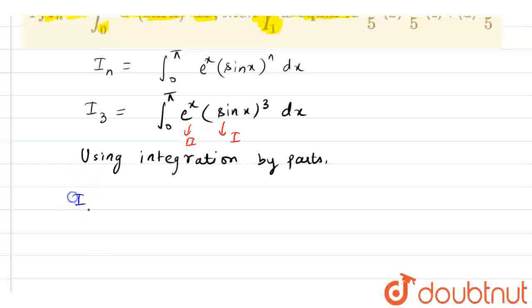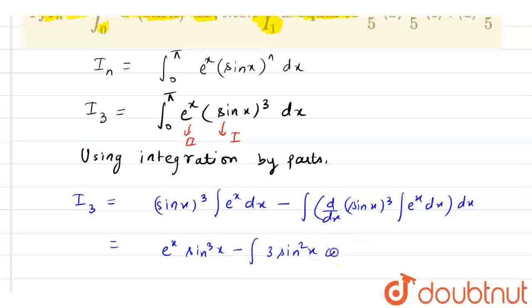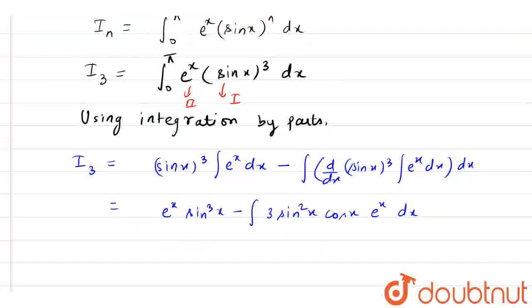So the value of I3 will become: first function sin x to the whole power 3 times integration of e to the power x dx, minus integration of d by dx of sin cube x times integration of e to the power x dx, whole into dx. So we have e to the power x sin cube x minus integration of 3 sin square x cos x e to the power x dx.